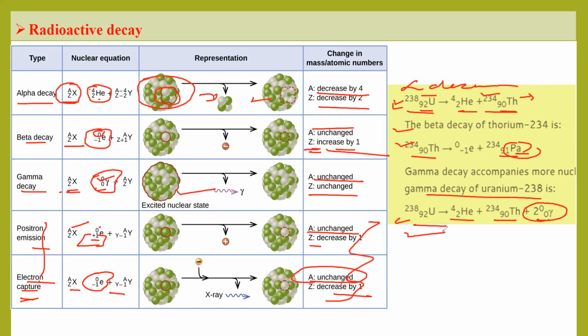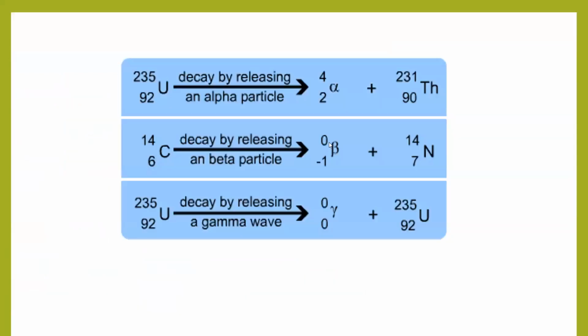So this is the thing about alpha, beta, and gamma. Again, you can understand with this slide how the alpha particle is released, what happens after the alpha particle is released, what happens after beta emission, and what happens after gamma emission.